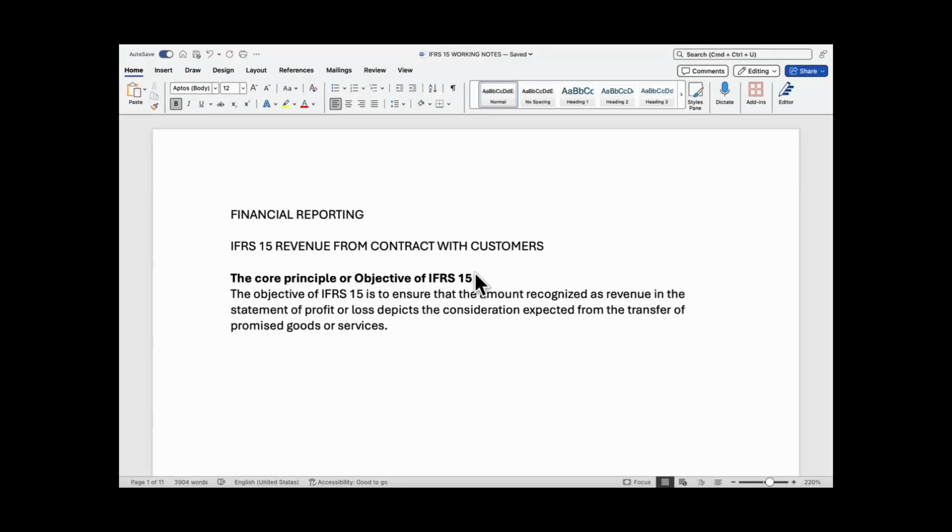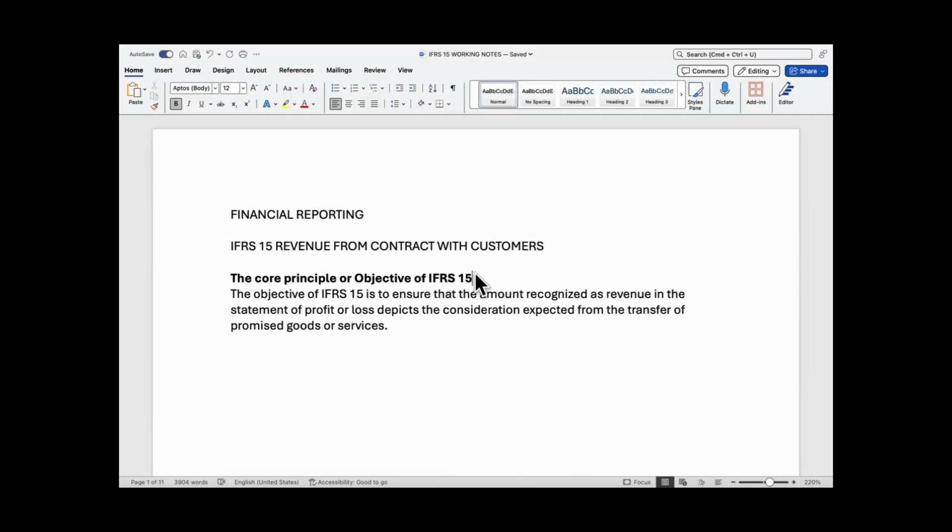This goes to show that when you recognize, let's say, 100,000 in your P&L as revenue, that 100,000 must represent the value of goods that you have transferred to a customer.